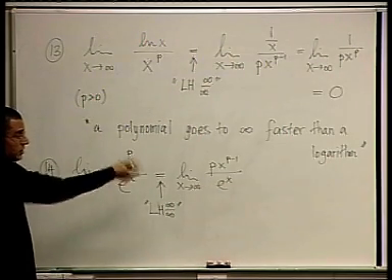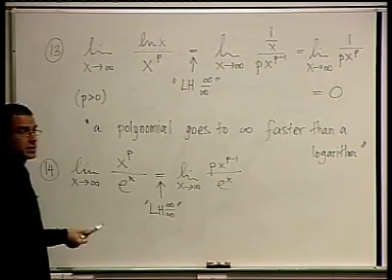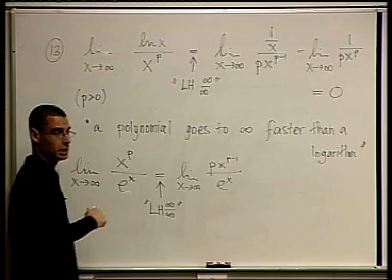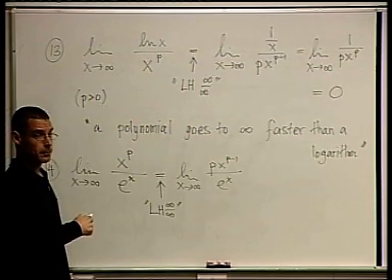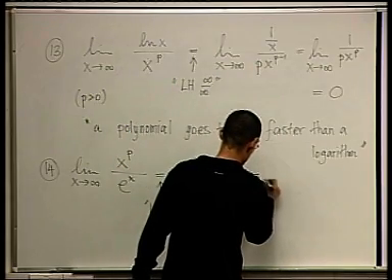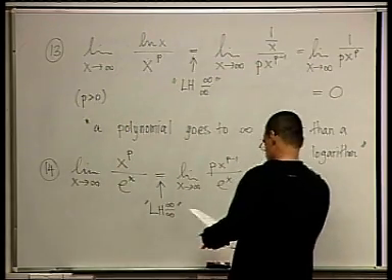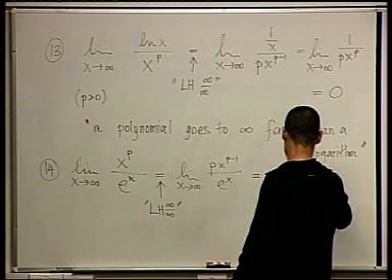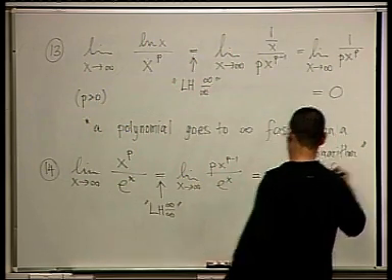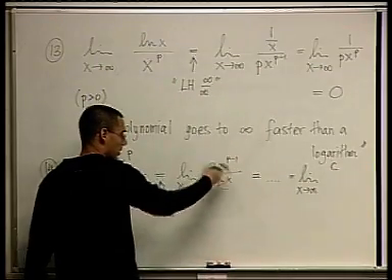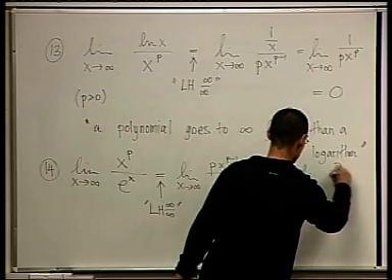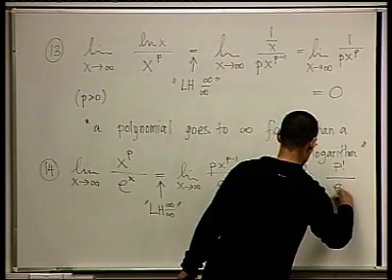So if you do this enough times, the derivatives of the top lose power. Well, literally lose powers, right? Do you see that? So after enough iterations, you're going to get a constant on the top. Limit as x goes to infinity of some constant. It's going to be what? The p factorial, right? This constant, we even know what it is. It's p factorial divided by e to the x.